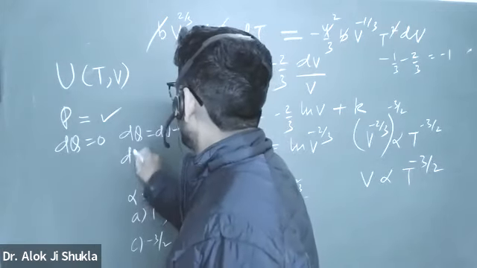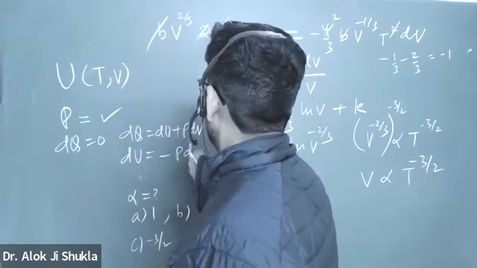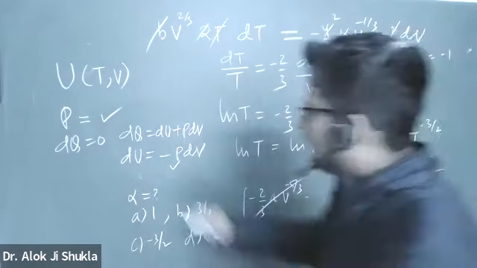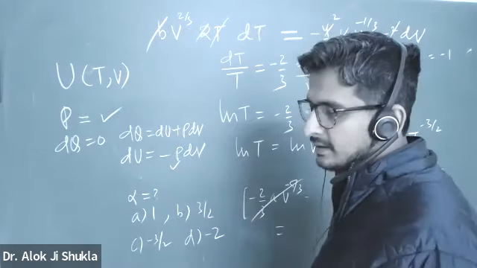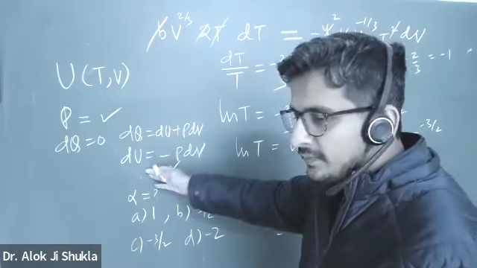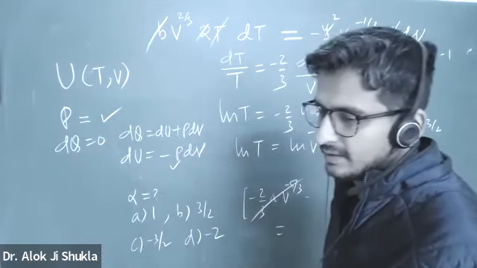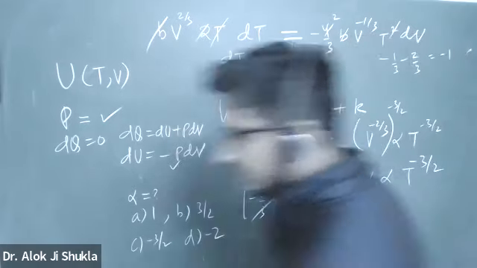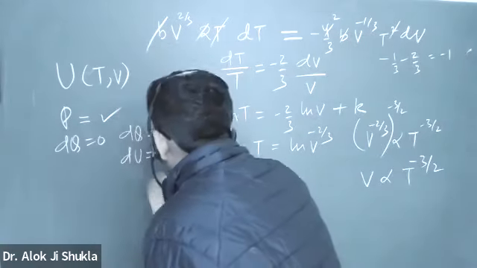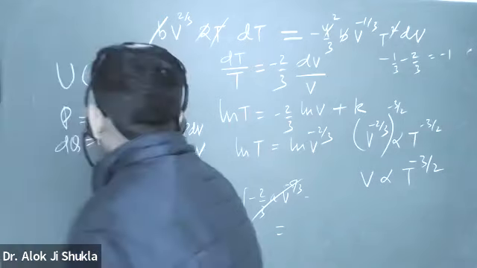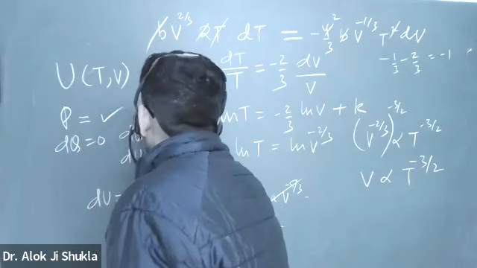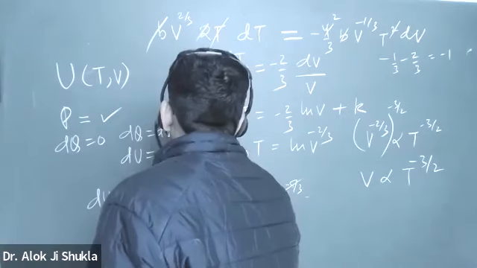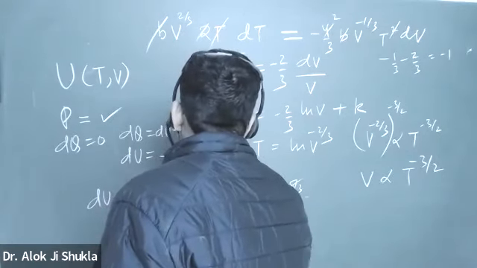That means you will get the equation du is equal to minus p dv. The value of p is already given. Now the value of du is to be written. So when u is a function of t comma v, how will you write it? The differential method is there. As soon as you try to write du, there is no other method when it is a function of t comma v than this. Only method is this.